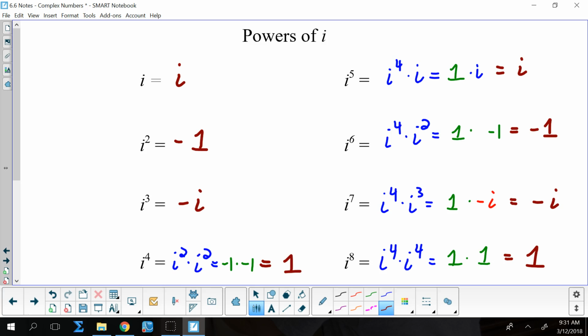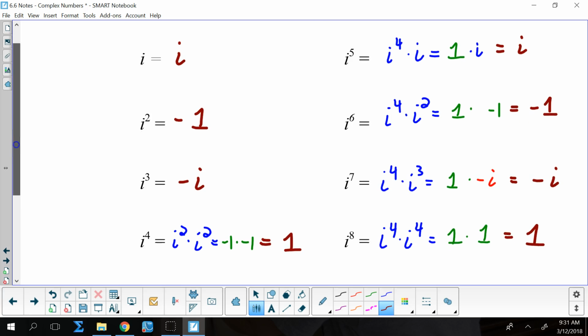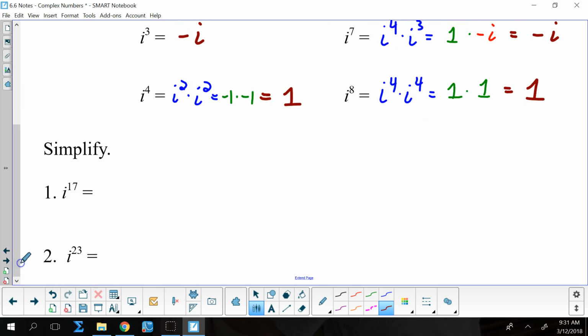Right? Okay. Following that pattern, I would like you to figure out for me what i to the 17th simplifies to be, and what i to the 23rd simplifies to be. Somebody walk me through i to the 17th. Well, we know that it goes in intervals of 4, like the repeating of the i, -1, -i, and then 1 pattern.